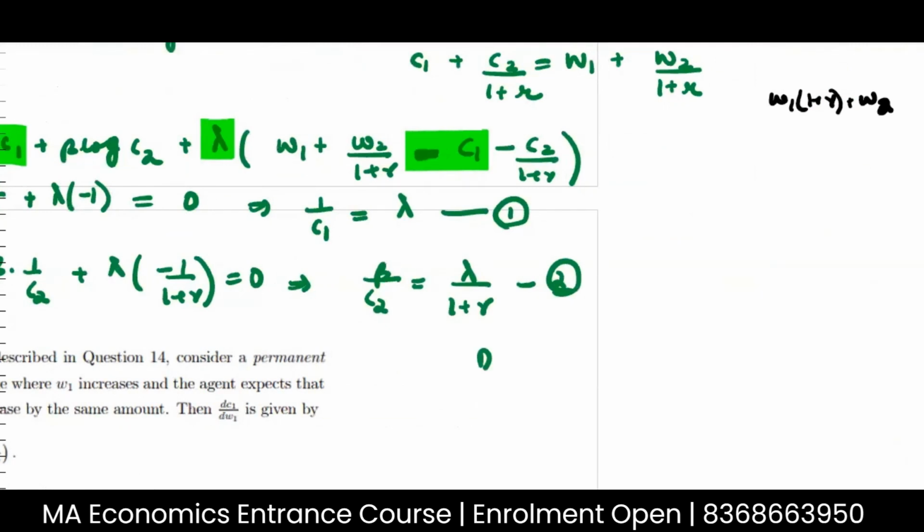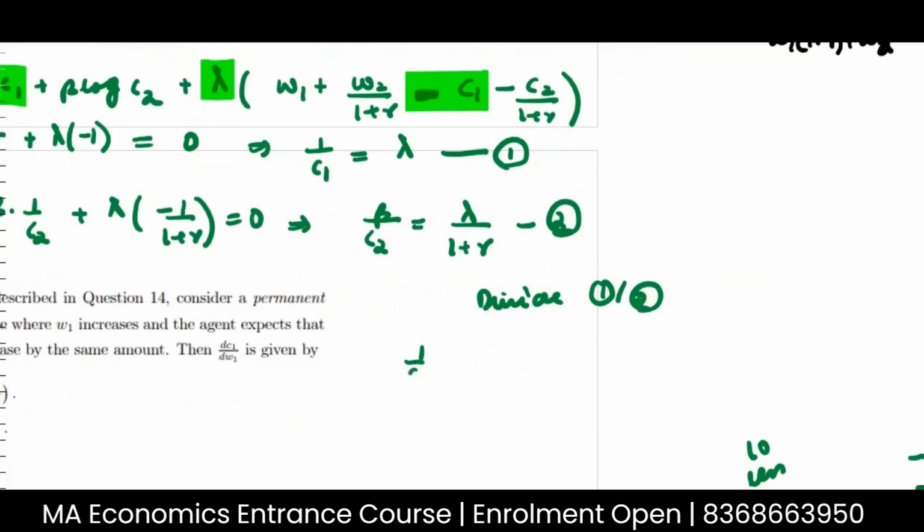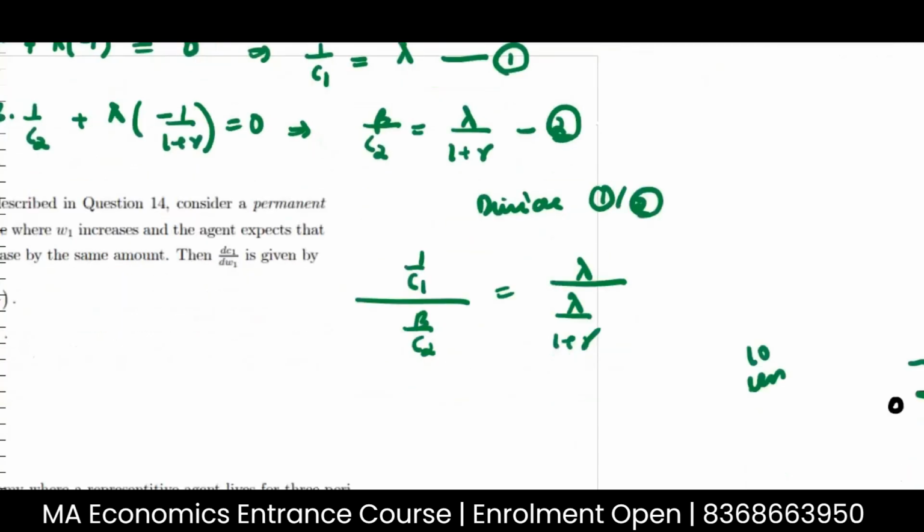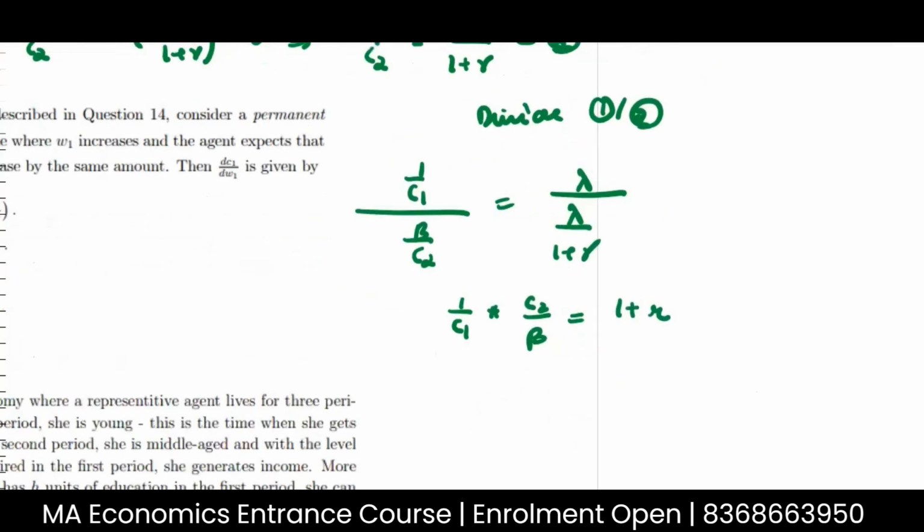So divide 1 by 2 and you will get 1 by C1 upon beta by C2 is equal to lambda upon 1 plus R. So you will get 1 by C1 into C2 upon beta is equal to 1 plus R, and you will get C2 by C1 is equal to 1 plus R into beta.